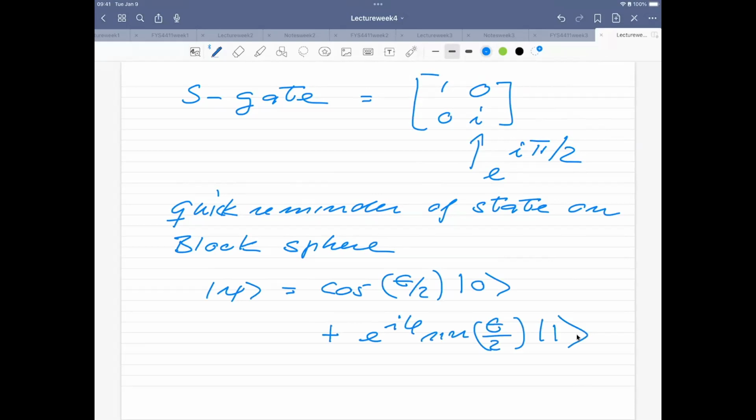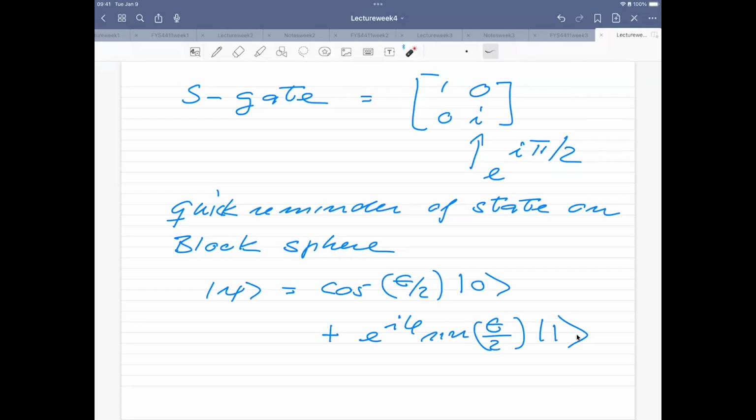The reason why I bring this back is that we are going to look at these angles as parameters when we initialize the system. Then we are going to have an optimization algorithm, which we will discuss next week, the variational quantum eigensolver, where we vary the angles and find the expression for the energy in terms of these angles.